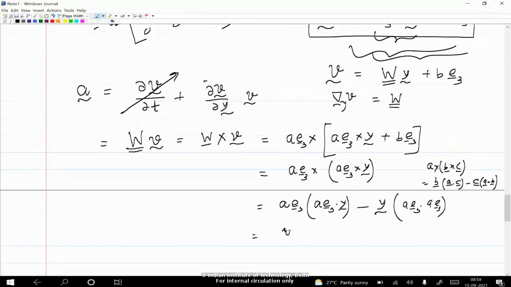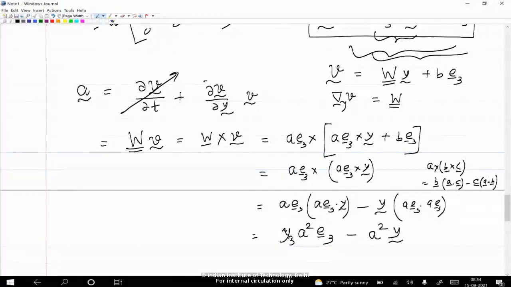So we have y3 times a squared e3 minus a squared y. Okay, that's the acceleration.